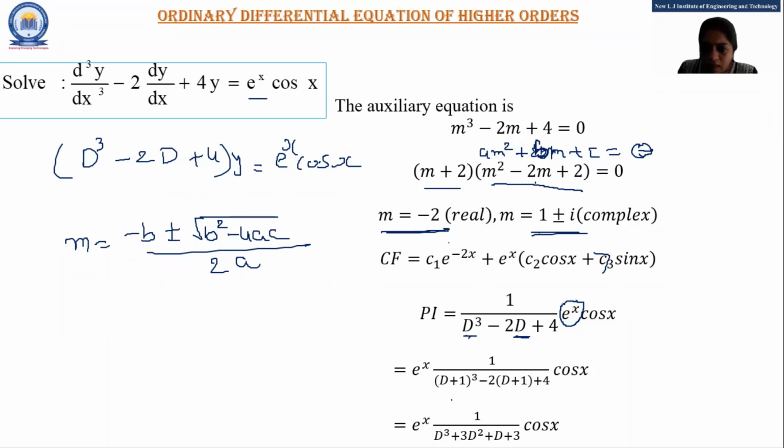Then I am putting this e raised to x in the starting part, right? Because the role of e raised to x is complete now. Now, D plus 1 whole cube minus 2D plus 1 plus 4 and cos x is there. So after simplification, I have D cube plus 3D square plus D plus 3 into cos x, right?